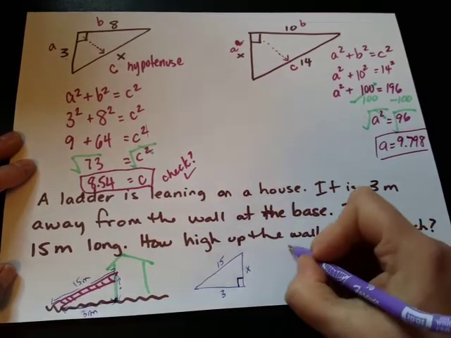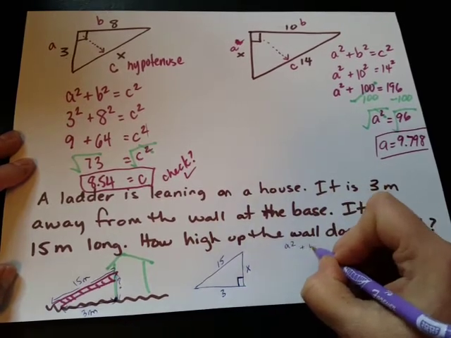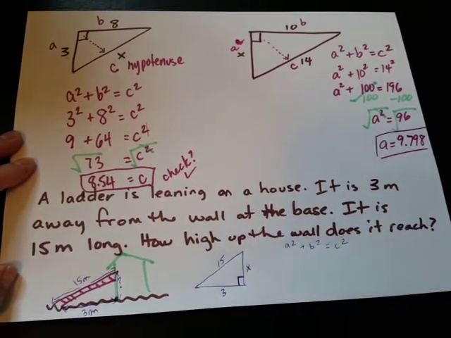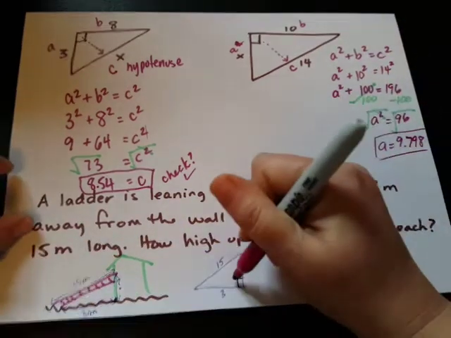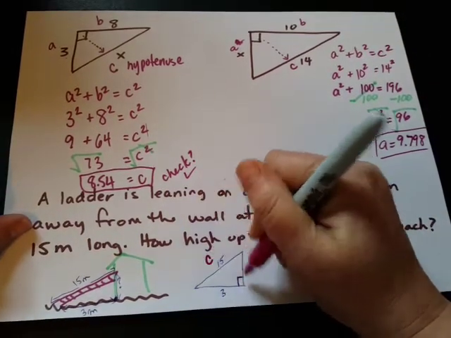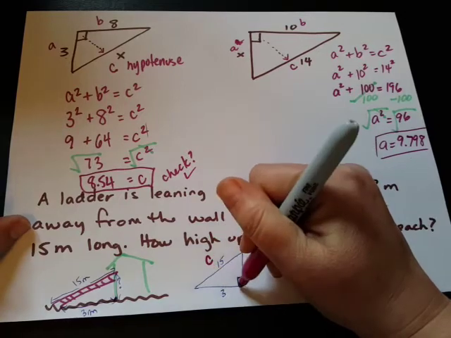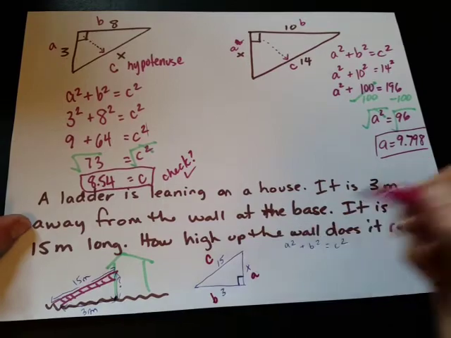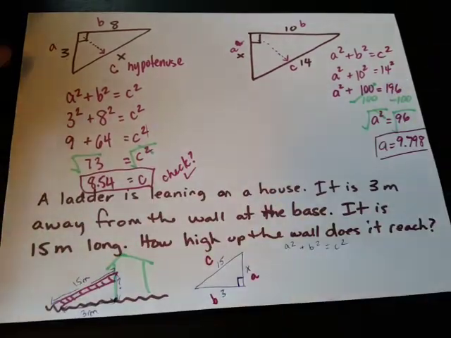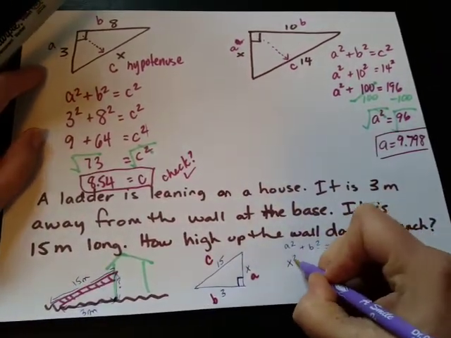So let's figure out what our sides are. From this 90, we'll call this C, going across from the 90. And then the other ones, maybe we'll call that A and this one B. And we'll put them in their place.